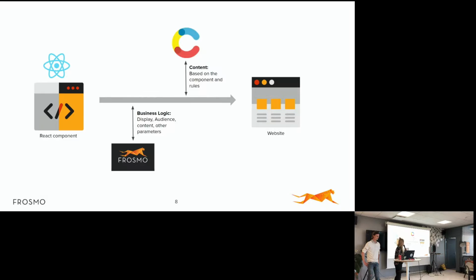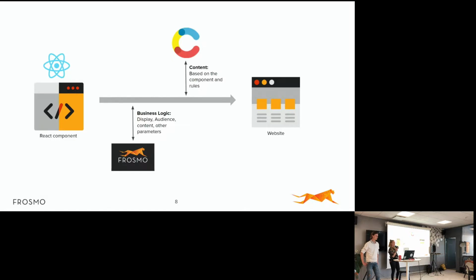How it works is that you have your React component, so the presentation. Then, before you render it, you have Frosmo here. Frosmo defines the business logic behind who should see this component, and you can give other parameters to it through Frosmo. And then we query the content from Contentful.